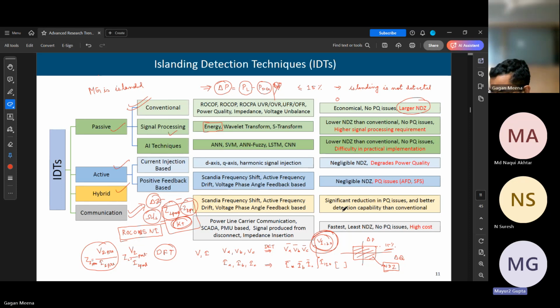Theoretically, yes. But practically, in the field, these relays won't be used just like that. They will be well proven. The relays for over voltage, under voltage and all those things are very well proven and very well designed, because otherwise there will be so many glitches in the relay.